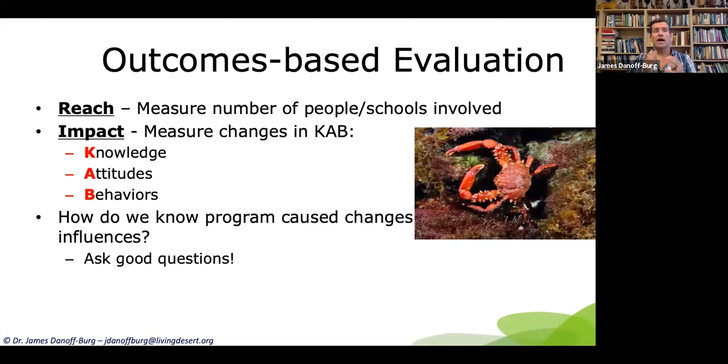So the outcomes that we try to understand can take two forms. The reach, the number of people that we have interacted with. If we work with schools or we're doing an outreach to communities, it could be the number of communities, the number of schools, the number of people, maybe in total across all of those other situations.